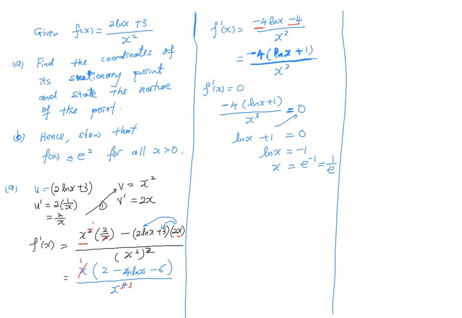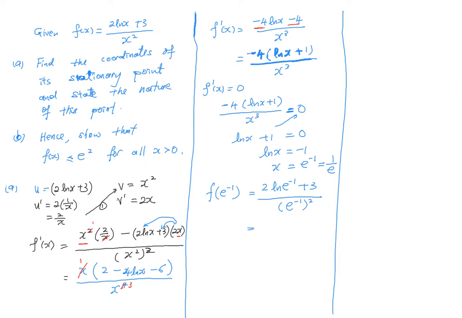So the y coordinate will be f of e to the power of negative 1. Just put it in: 2 ln e to the power of negative 1 plus 3 over (e to the power of negative 1) squared.